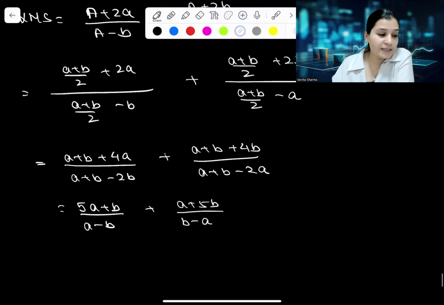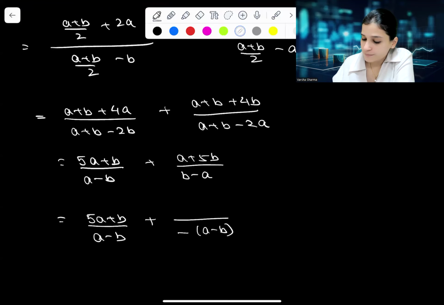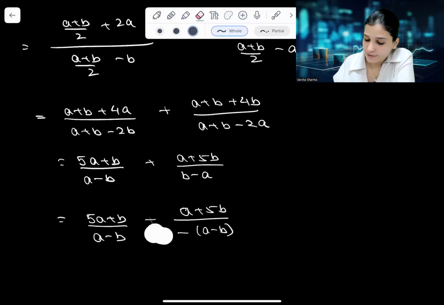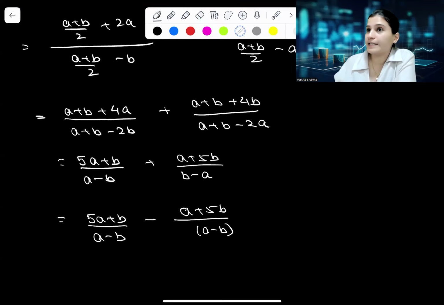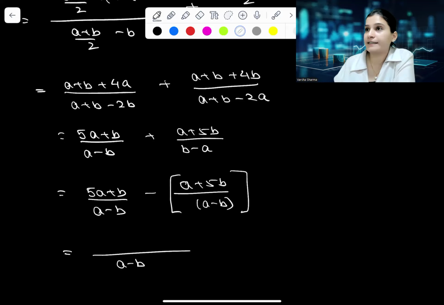Agree? In order to make the denominator the same, we can take negative common in the second term. In the denominator, I'm taking minus common, I'll get a minus b, and that minus can be written outside. Plus minus minus. Taking LCM, see, whenever we have minus, it is basically having a bracket in the second term. So 5a plus b minus a minus 5b.